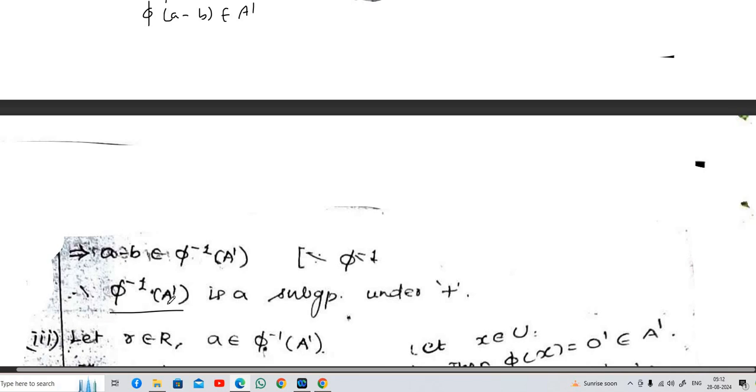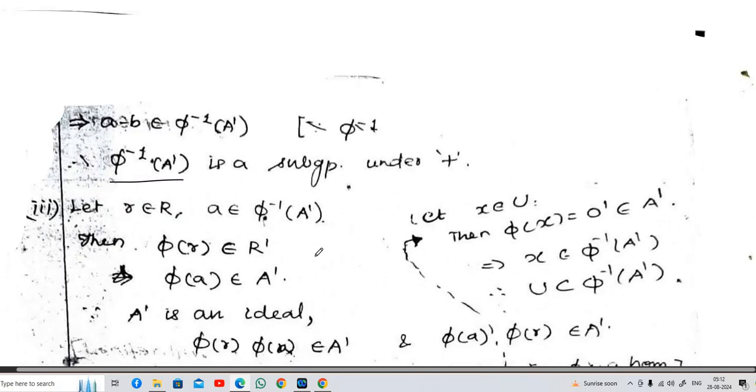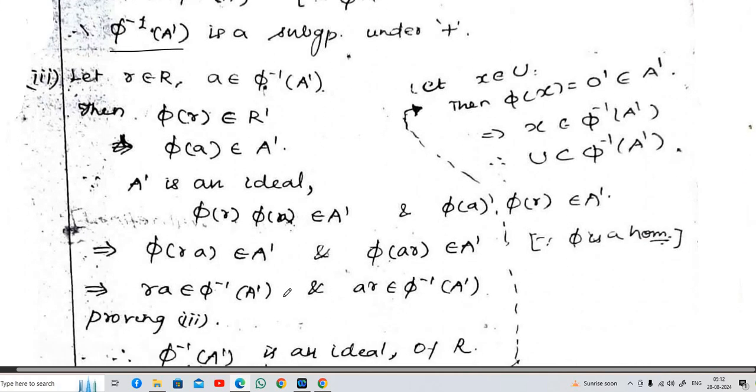Next, we have to consider an element r in R and a in phi inverse of A prime, and show that both ra and ar are present in phi inverse of A prime. Because r belongs to R, phi of r belongs to R prime, and because a belongs to phi inverse of A prime, phi of a belongs to A prime.